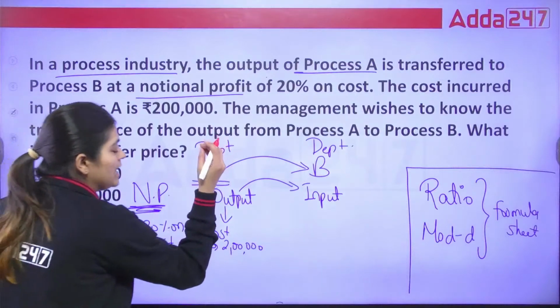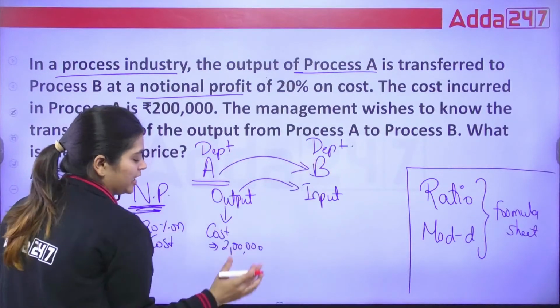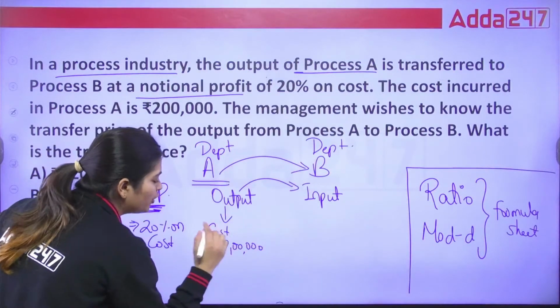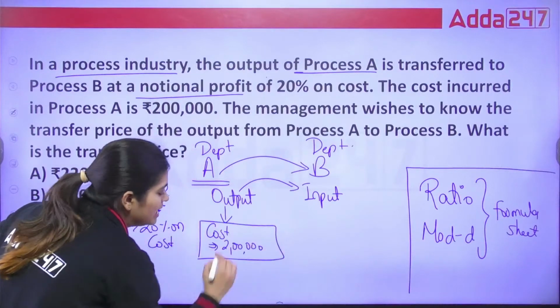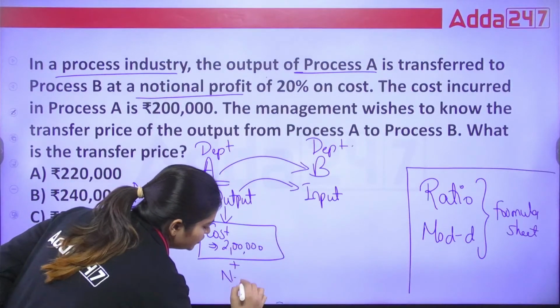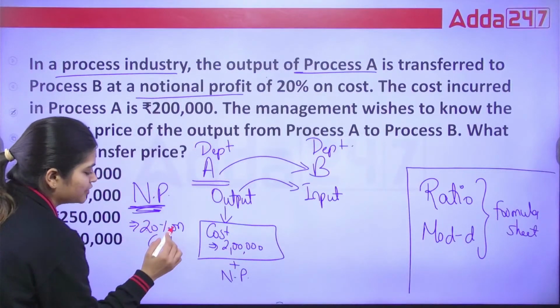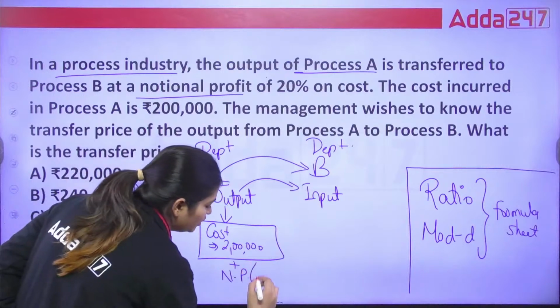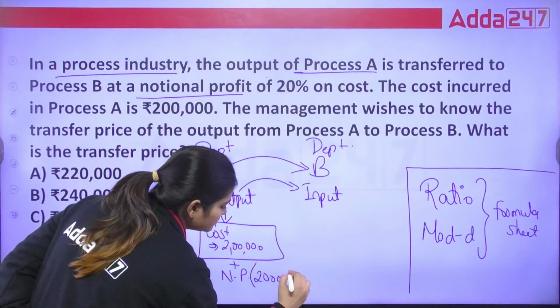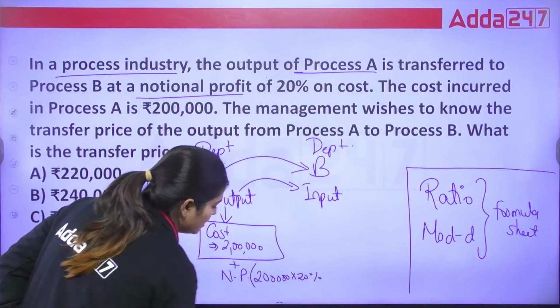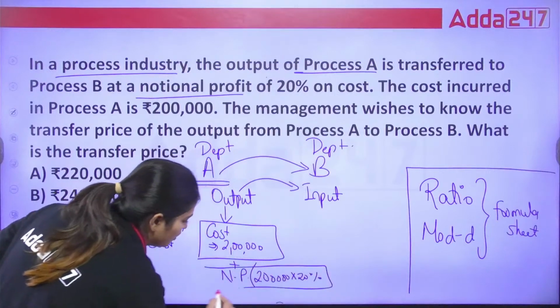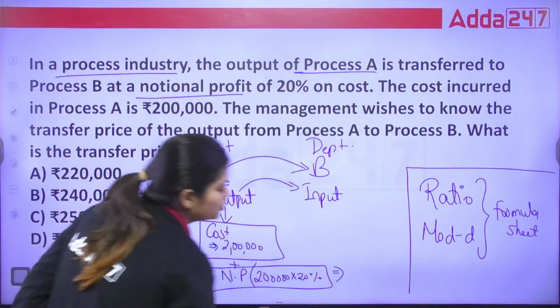Remember, whenever A is transferring any output to B, they are not going to show only 2 lakh. They are going to add the notional profit also. And how are we going to calculate the notional profit? 20% on cost, so we use 2 lakh into 20%. After adding these two amounts, you are going to charge.